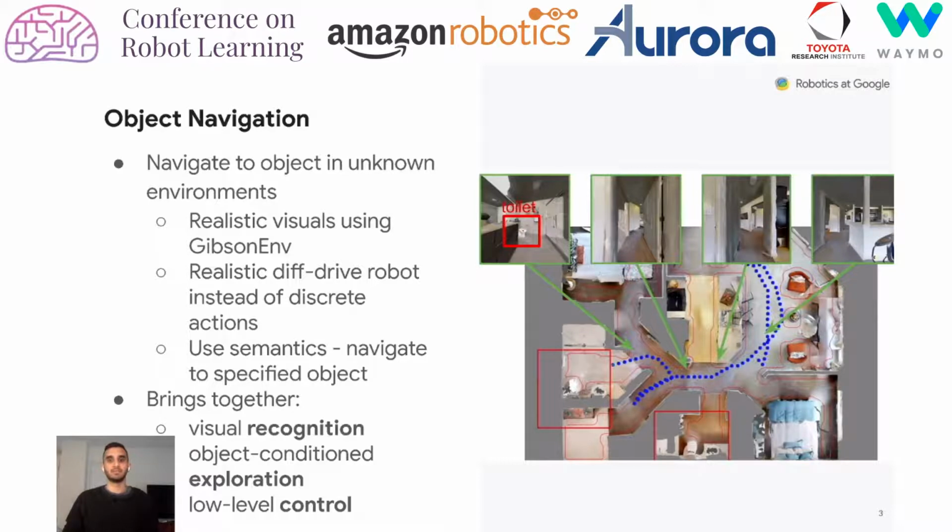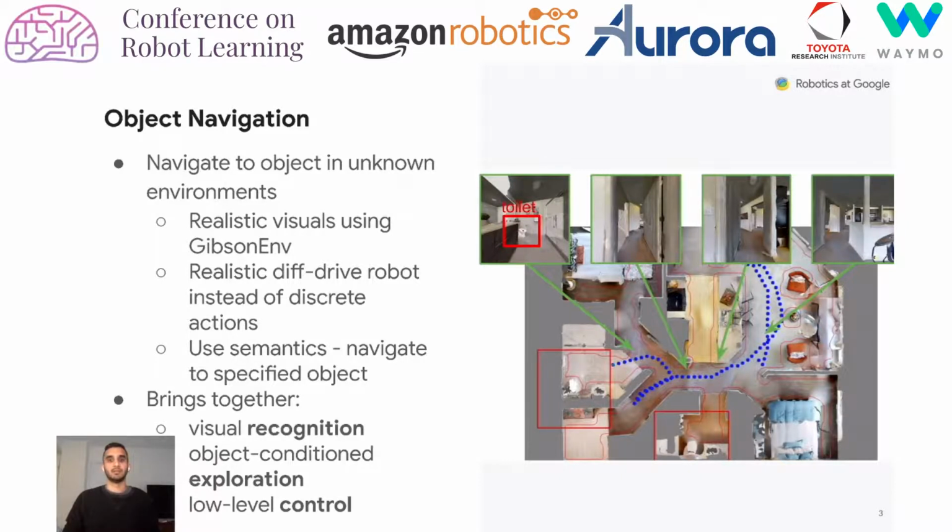Finally, we emphasize the use of semantics, where we choose one of 9 object types to navigate to. The robot does not receive any other info about the goal, so it must explore the environment until it finds the object. With this problem, we bring together object-conditioned exploration and low-level control, a step towards better real-world performance compared to prior methods.